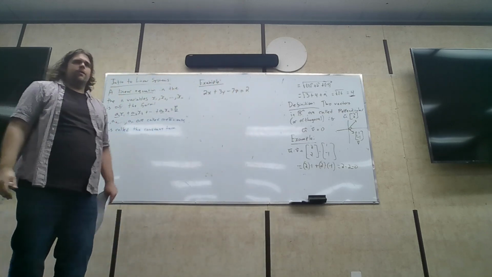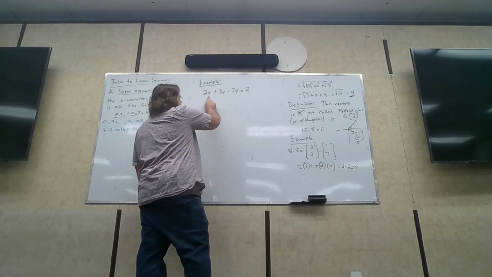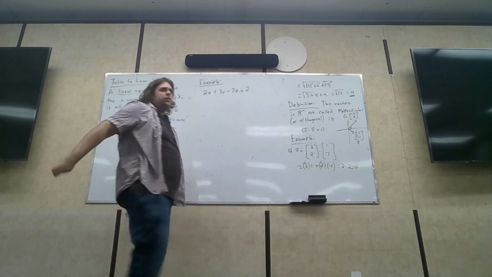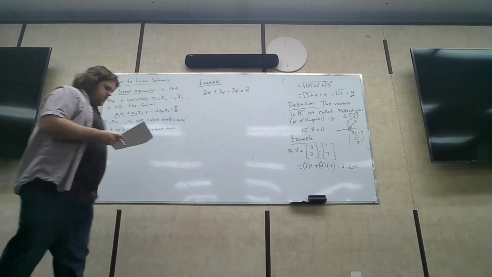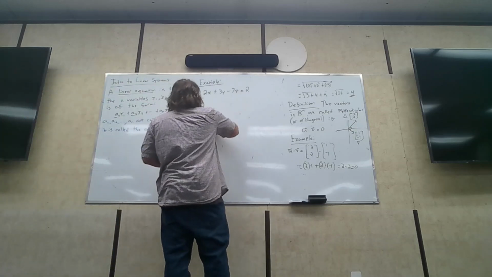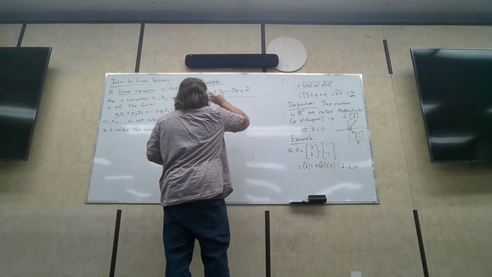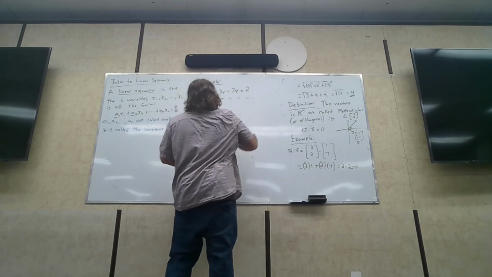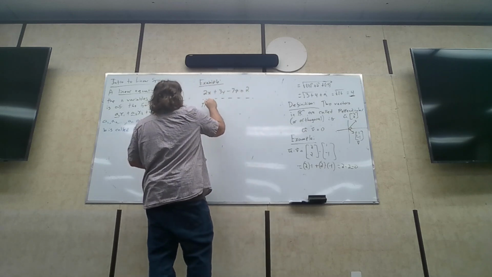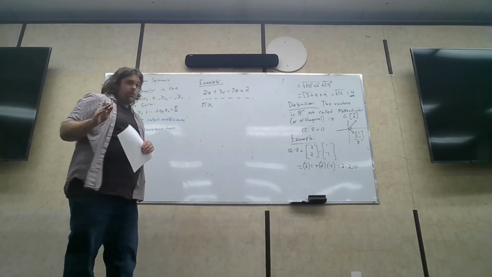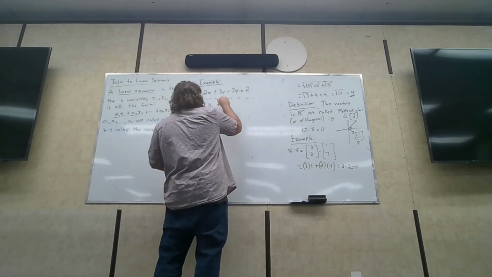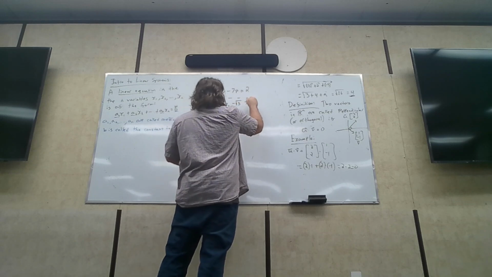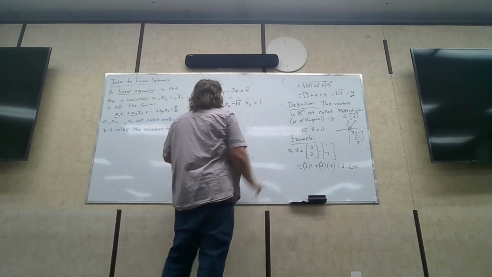That's a linear equation, right? Because it's a number times a variable plus a number times a variable minus a number times a variable equals a number, right? Linear. Something that doesn't seem linear at first, let's do this. It's something like pi x1. So pi is a number. That's fine. Minus square root of 3 x3 is equal to 1.